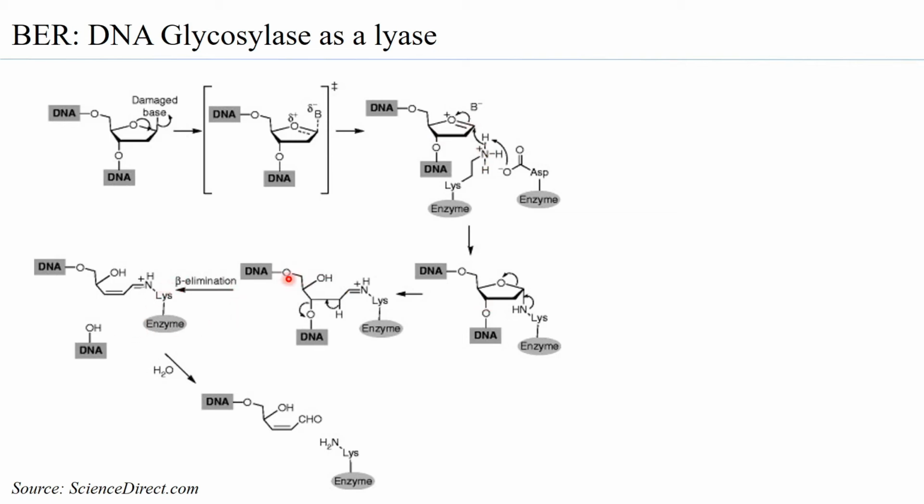One, the lyase will break the bond that is there over here between the sugar and the DNA. So what you will get as one of the products is this DNA with an OH group. So the 3' OH has been formed over here, and the other part of the DNA strand, remember this is a single strand, so it is not completely dissociated. It is still attached to the other DNA strand over here.